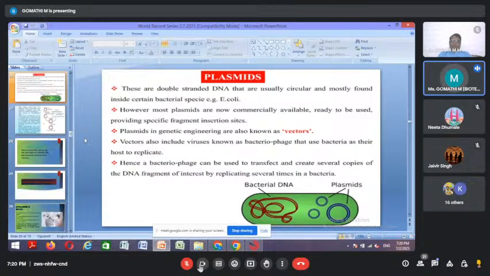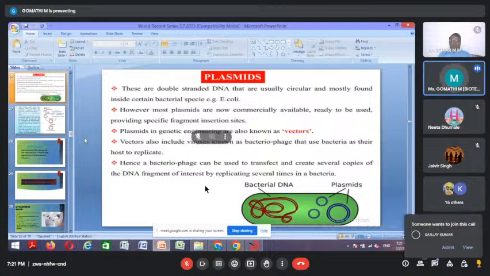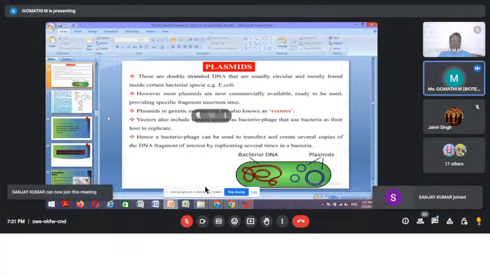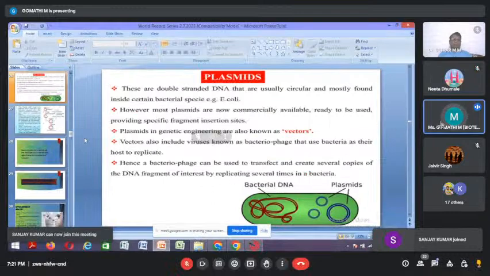For recombinant DNA technology, apart from enzymes, we need some other molecules for producing recombinant DNA. One such thing is a plasmid. Plasmids are double-stranded DNA that are usually circular and mostly found inside certain bacterial species like E. coli.